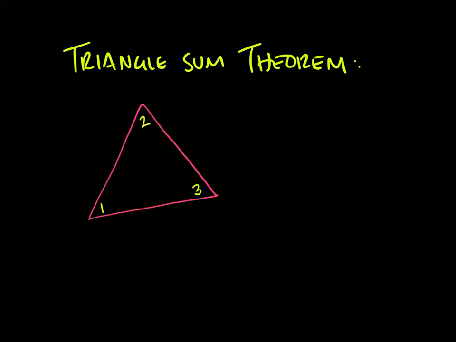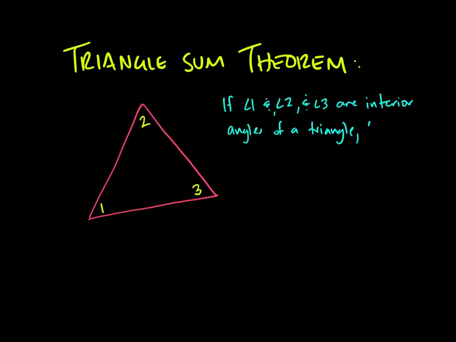It's called the triangle sum theorem. And what it says is that if angle 1 and angle 2 and angle 3 are what we call interior angles of a triangle, then the measure of angle 1 plus the measure of angle 2 plus the measure of angle 3 will always equal 180.